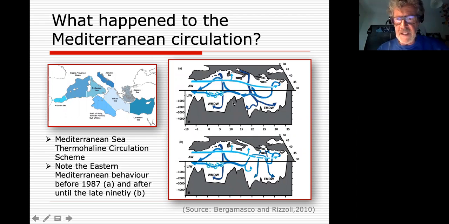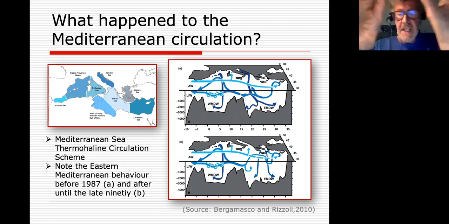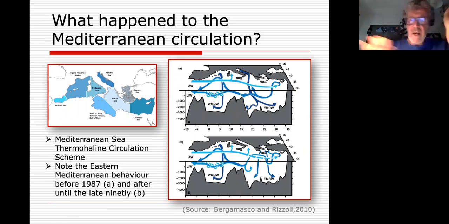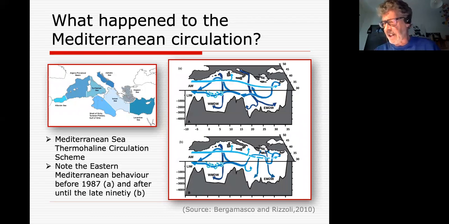Since the two basins are separated by a shallow sill, the two dense waters are formed and replenish the deeper part of the Mediterranean Sea separately, and the two waters are not connected. This was a well established picture that was accepted.